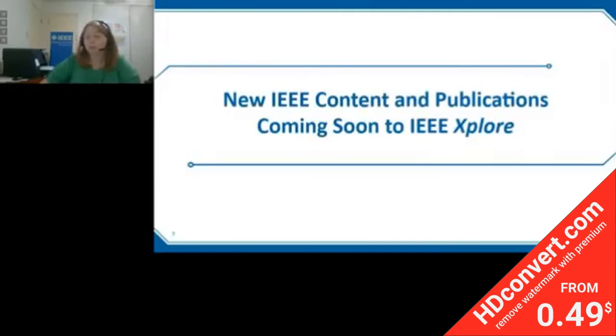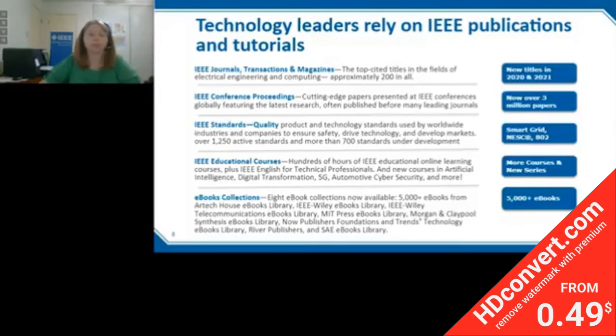And of course, we're always introducing new content to address growing areas of research. And within the IEEE Explore Digital Library, you'll see 5 different types of content. So we have approximately 200 journals and magazines with peer-reviewed articles on a wide range of established and uncharted technologies.